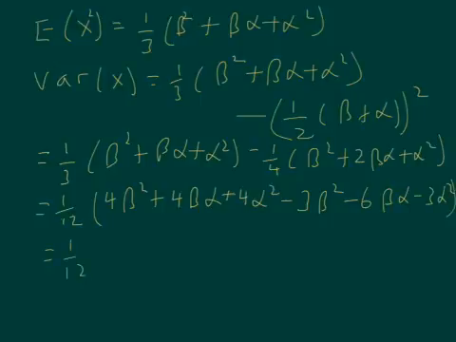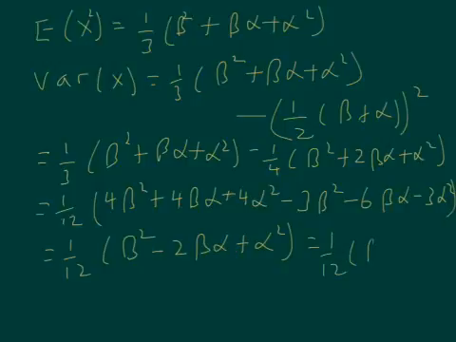So it's 1/12. 4 beta squared minus 3 beta squared is 1 beta squared. 4 beta alpha minus 6 beta alpha is minus 2 beta alpha, and 4 alpha squared minus 3 alpha squared is alpha squared. Now this is beta minus alpha all squared. So this is 1/12 beta minus alpha all squared.